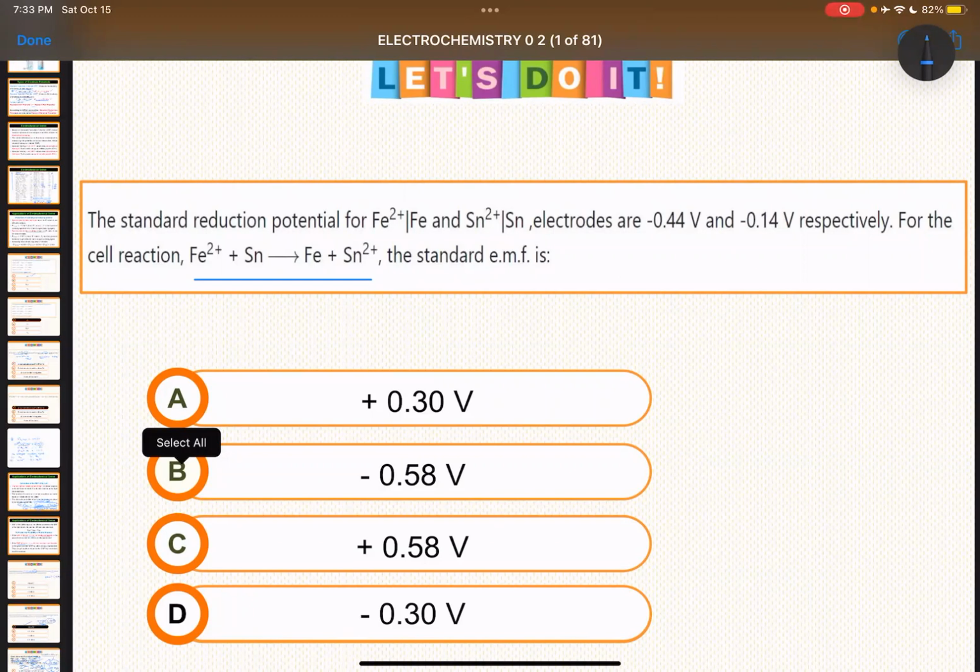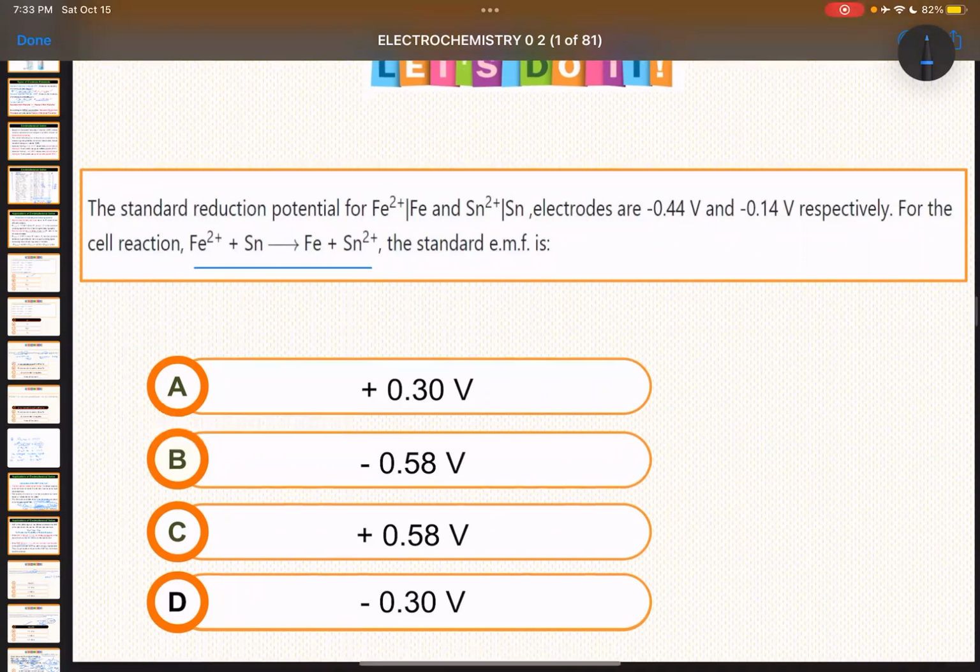So what's going to be the answer? Who is cathode? Tell me. Who is getting reduced? Sn is getting reduced.